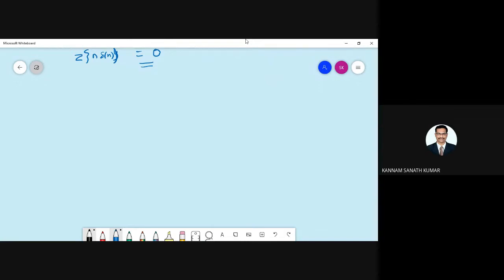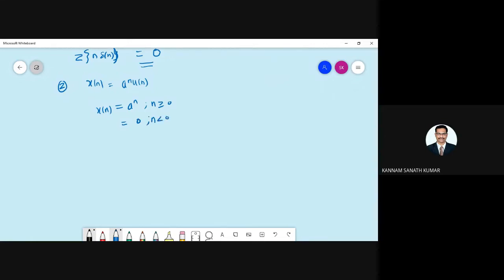so the second problem, x of n equal to a power n u of n. Okay, you have to apply the Z transform and also find the ROC for the given signal. Okay, so this is defined as x of n equal to a power n for n greater than or equal to 0 and 0 for n less than 0.